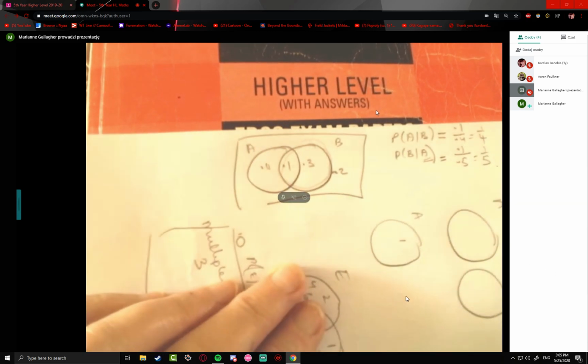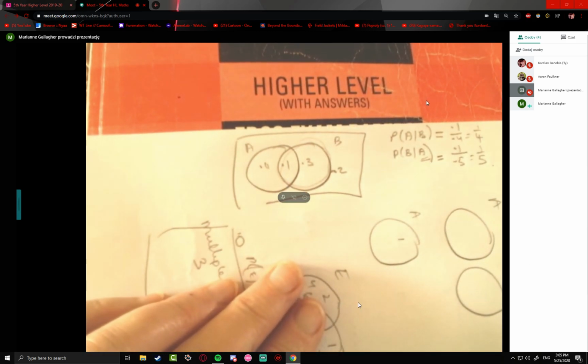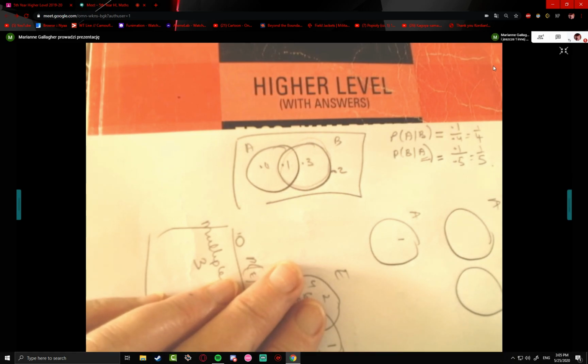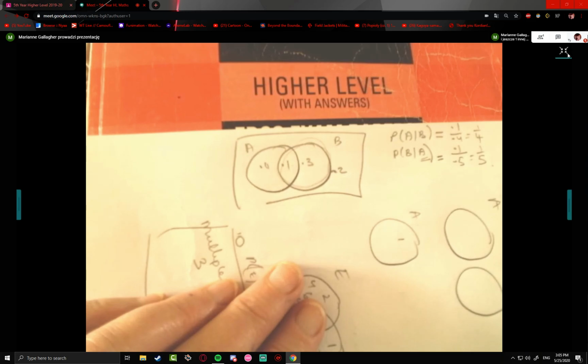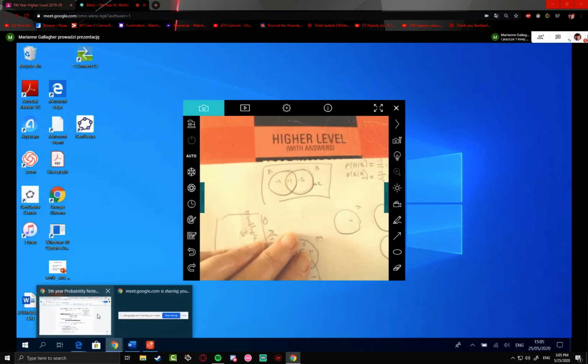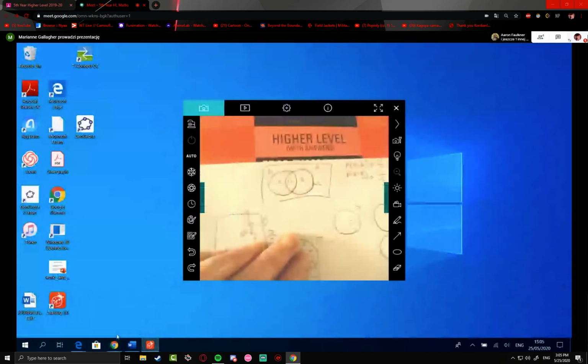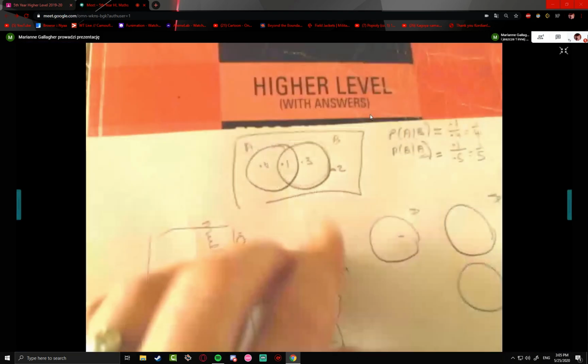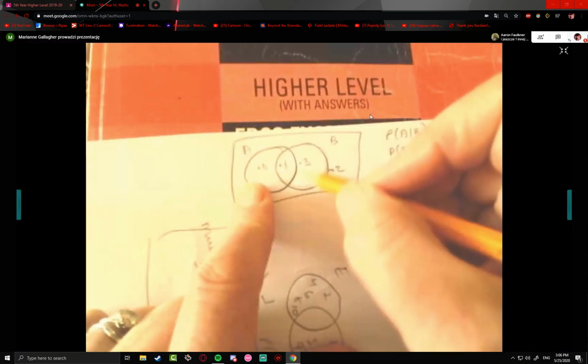And one of the typical questions they can ask, the last thing I'm going to say today, is: show, are A and B independent? For independent events, the probability of A intersection B has to be equal to the probability of A multiplied by the probability of B. When you're doing that, what I would do is add these together.